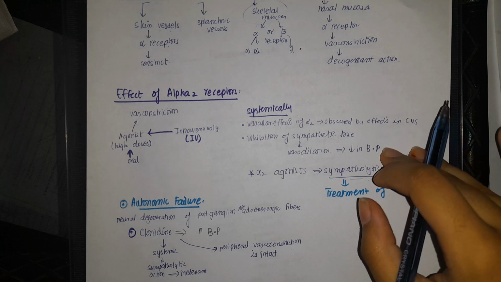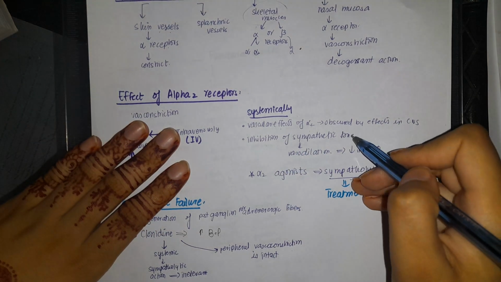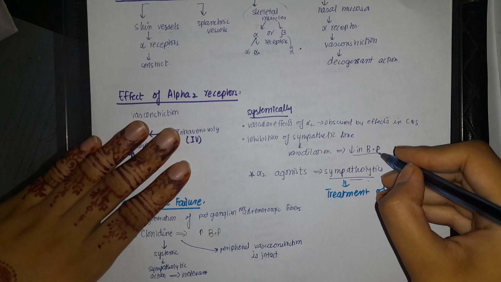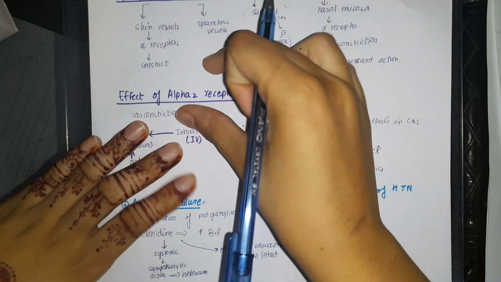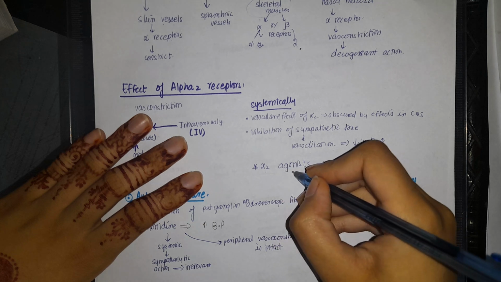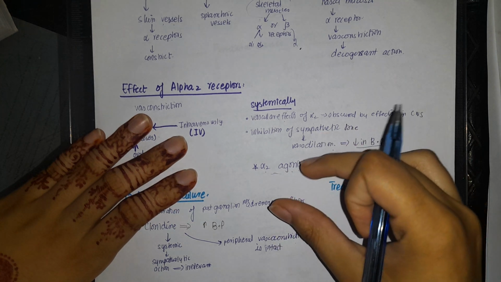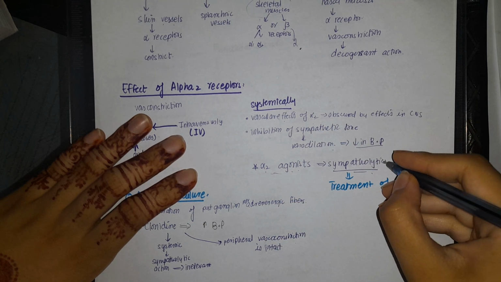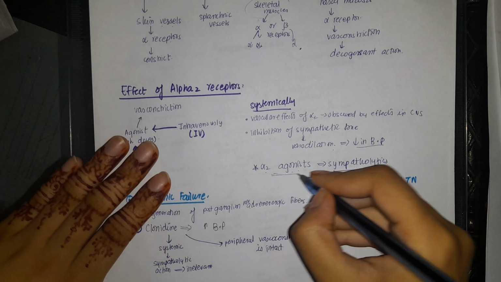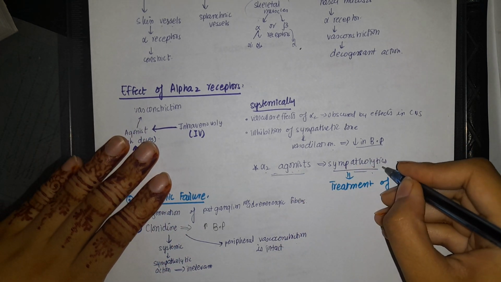Inhibition of sympathetic tone actually means vasodilation, therefore decrease in blood pressure by systemic effect of alpha 2 receptors. That is why alpha 2 agonists like clonidine can be used in the treatment of hypertension, that is increased blood pressure treatment. Why are they used? Because they act like sympatholytics.